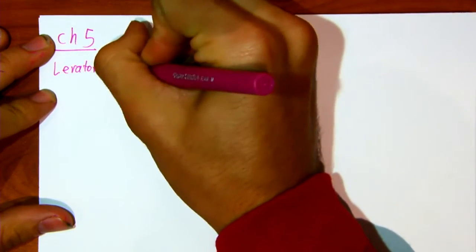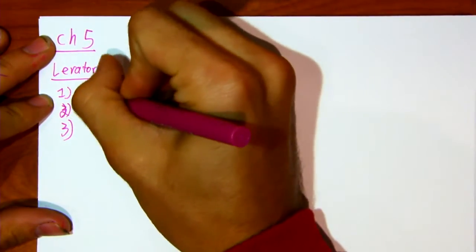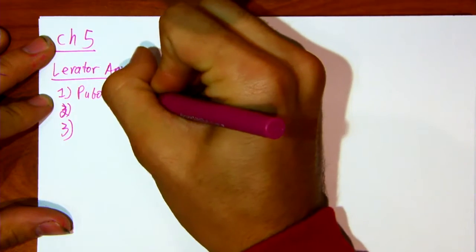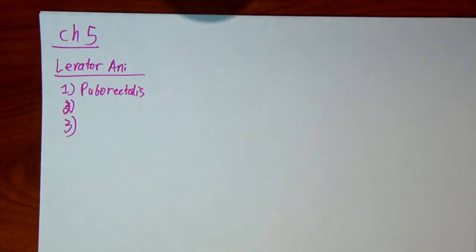So starting out with chapter 5, we have the pelvis and the perineum. One of the structures we have is the levator ani. It's a series of muscles. It's composed of 3 different muscles. Okay, so the first one is the puborectalis. Do you guys remember the other muscles for the levator ani?